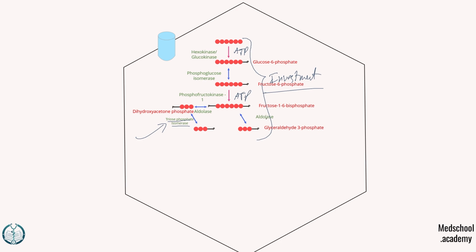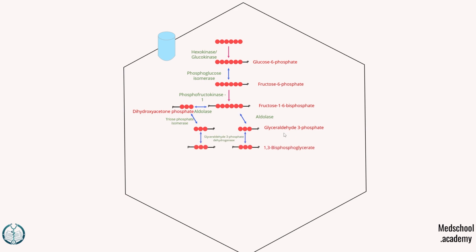The next step is converting glyceraldehyde 3-phosphate, G3P, to 1,3-bisphosphoglycerate. Now, this is an important and very interesting reaction. This is called an oxidation-reduction reaction. What does oxidation-reduction reaction even mean?